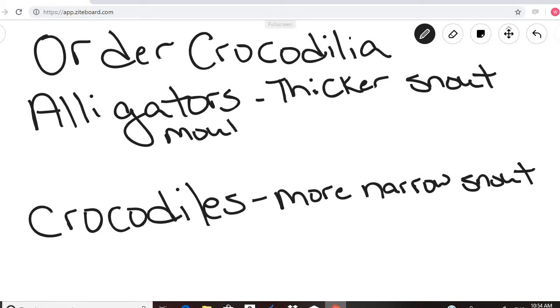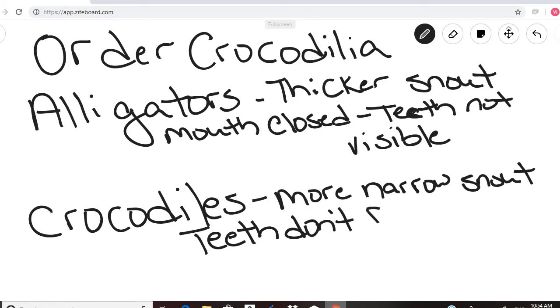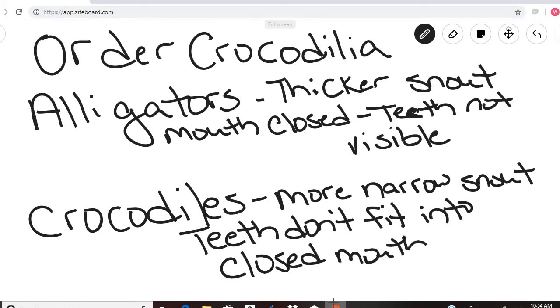Mouth closed, teeth are not visible. But in a crocodile, the teeth don't fit into the mouth, so when their mouths are closed, you can still see the teeth.